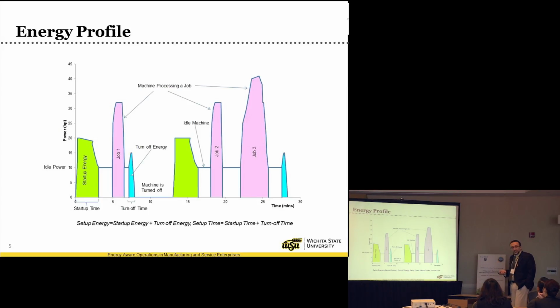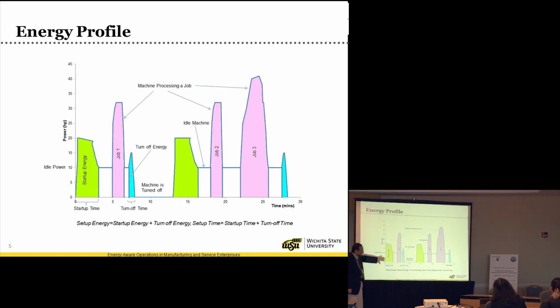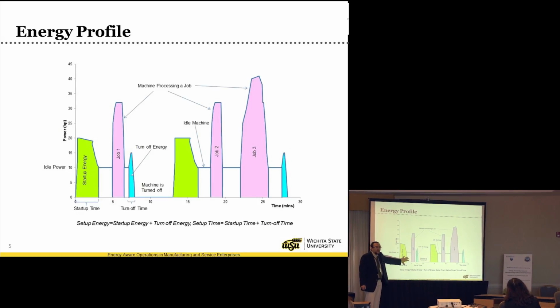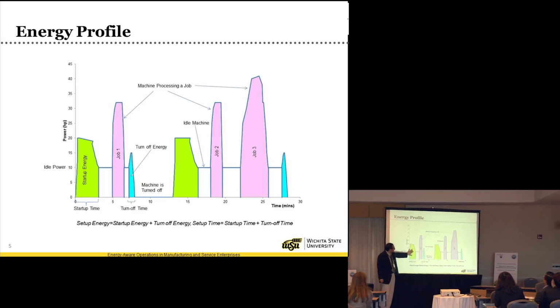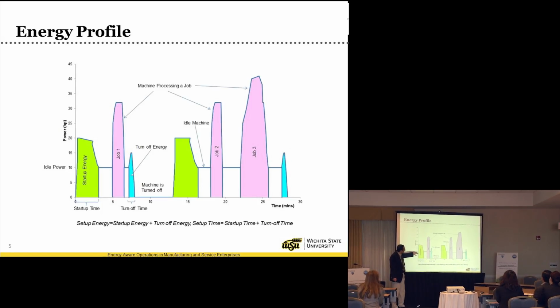Essentially, if you take a look here, I removed all of those variations. Whenever you turn on a machine, it takes some time and some energy. When the machine is idle, again, there is some power consumption.